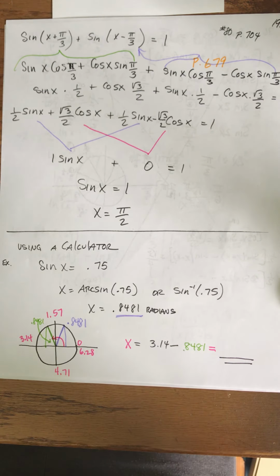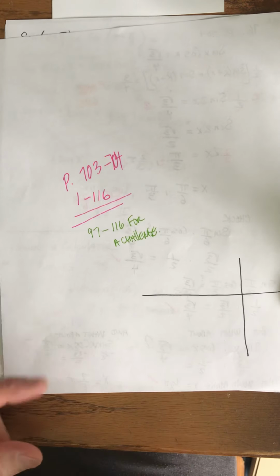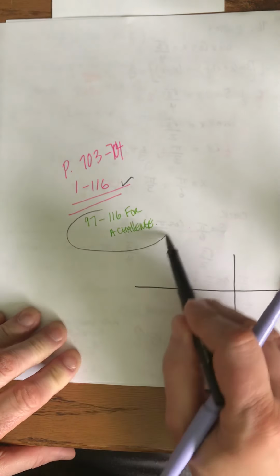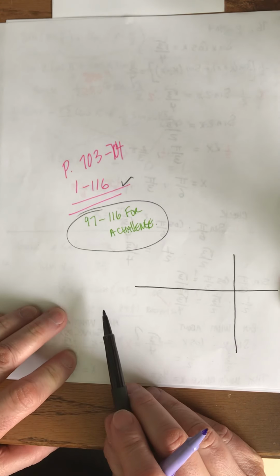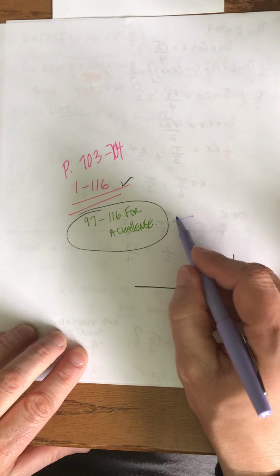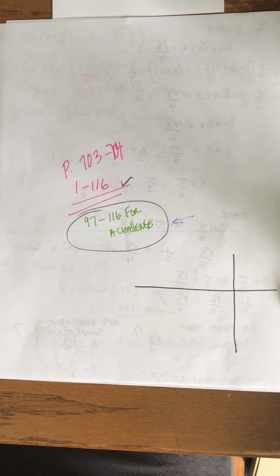So what you should do is try these problems for homework right here on page 703 and 704 all the way up to here, knowing that if you want a little bit of a challenge, 97 to 116 are the more challenging problems. I wouldn't necessarily give something on a test like that. But if you're one of the students who are going to go on in mathematics, or you just like a little bit of a challenge, you could try those problems as well.